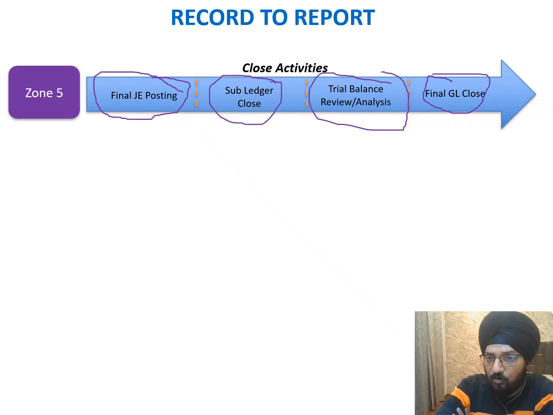And they have strictly said that no entries should be posted. So typically the final GL close means that the books are closed, and if hard close is done, then no entries can be posted in the GL for that particular month.